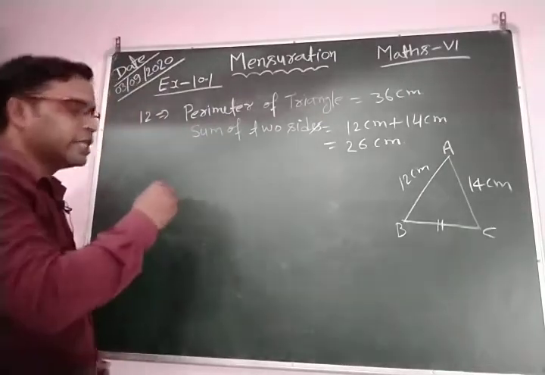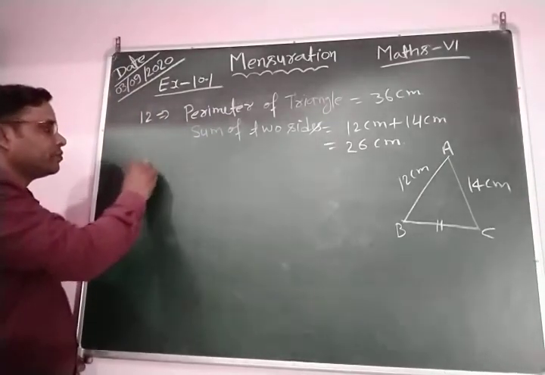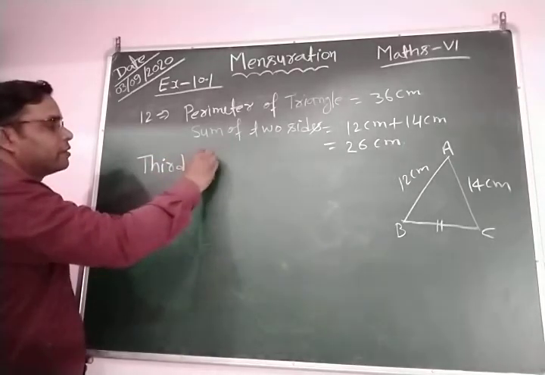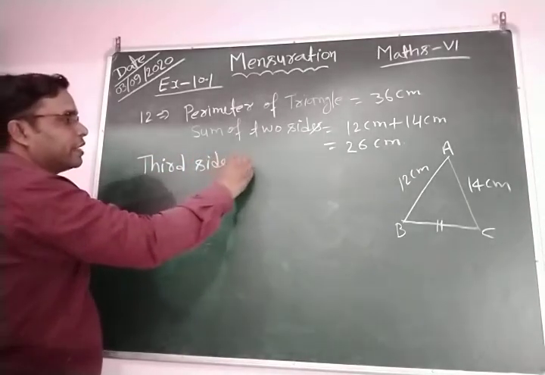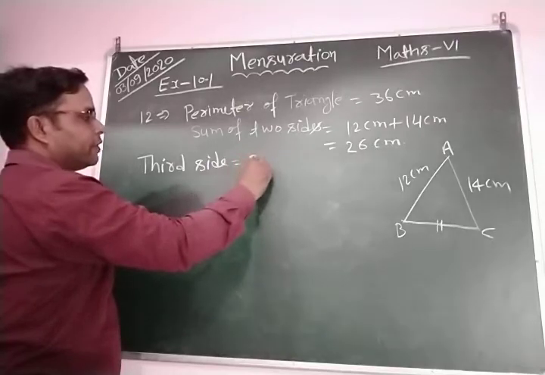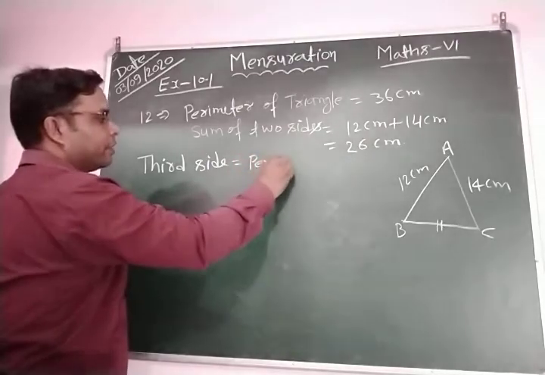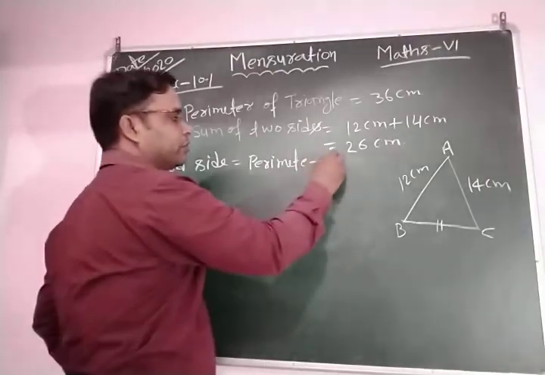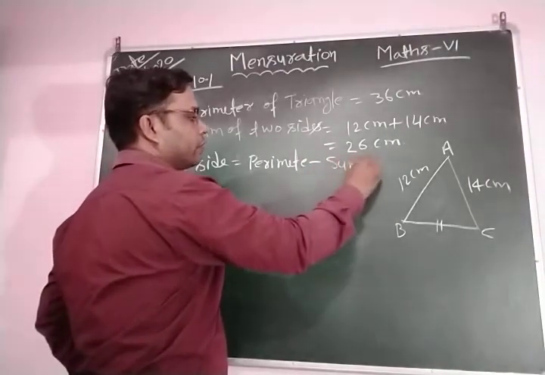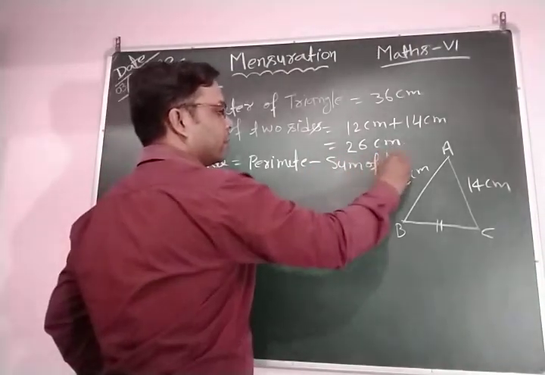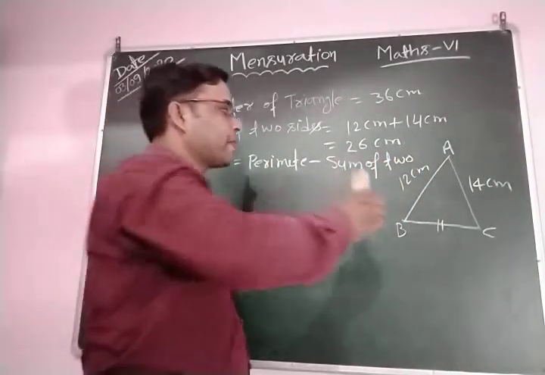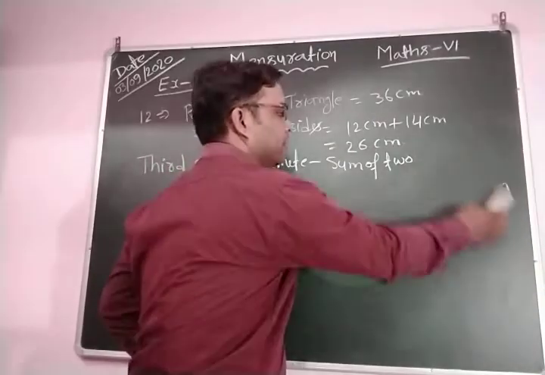Okay, so the third side of the triangle is equal to perimeter of triangle minus sum of two sides.